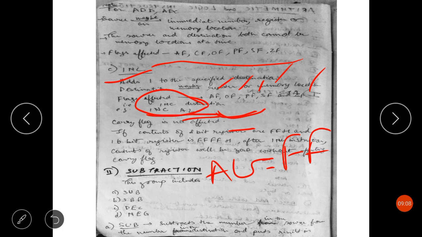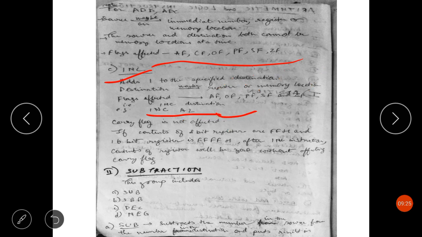So it will go in a circle. If it is the highest content, after incrementing it will become 00. So the carry flag doesn't get affected in the increment instruction, just as we have studied in the 8085 microprocessor also.